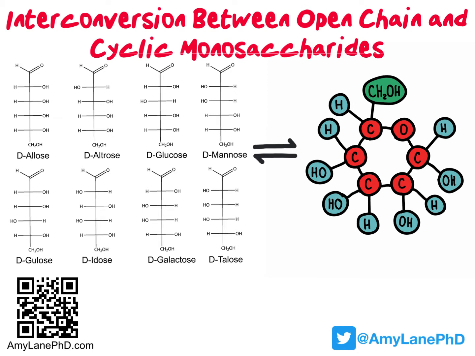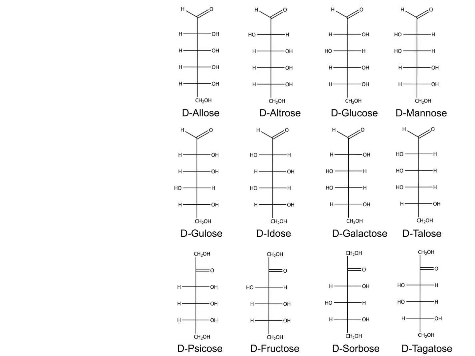We will look at the reactions that transform monosaccharides, such as these Aldohexoses here, into the ring structure. So we're looking here at how we interconvert. By interconvert, we mean change from one to the other back and forth between the open chain and the cyclic monosaccharide form. Let's take a closer look.